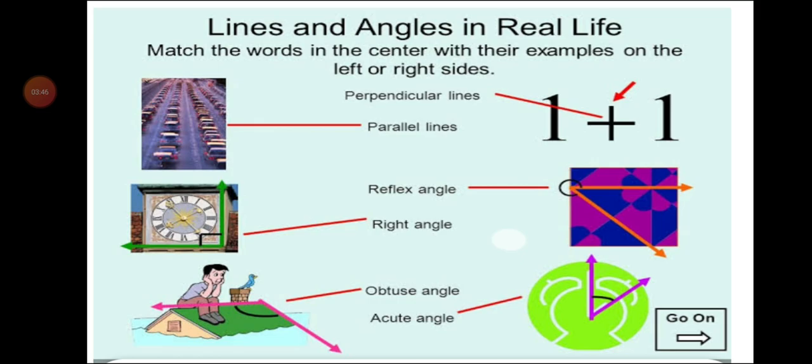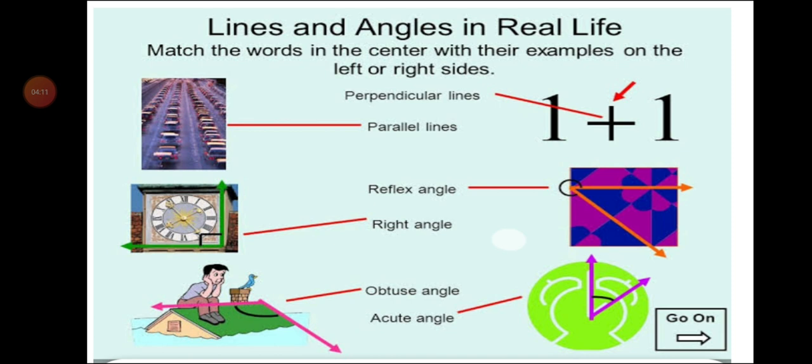Here are some real life applications in which we can see lines and angles in our day-to-day life. In these pictures you can see various types of lines represented. In the first picture you can see road traffic forming parallel lines. Then the plus sign represents perpendicular lines.